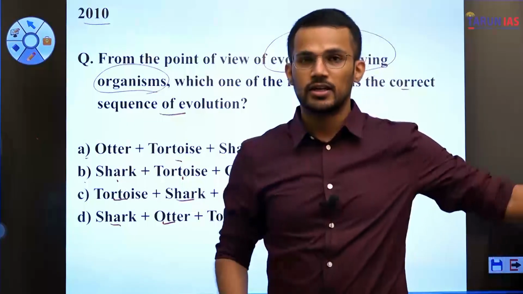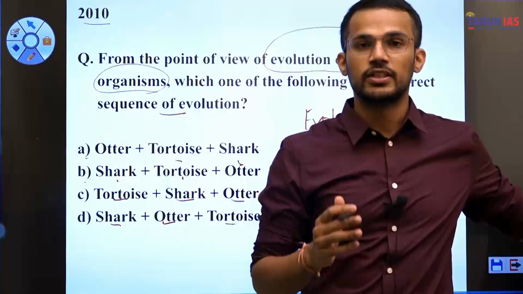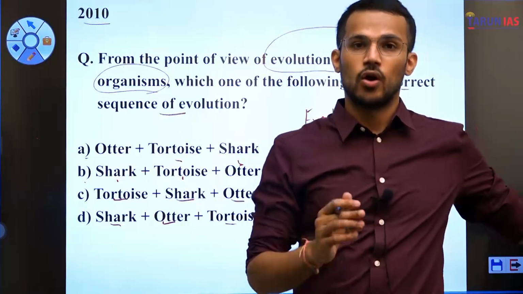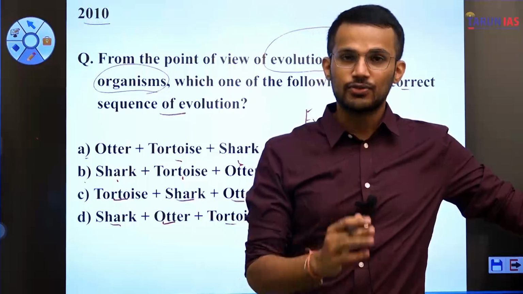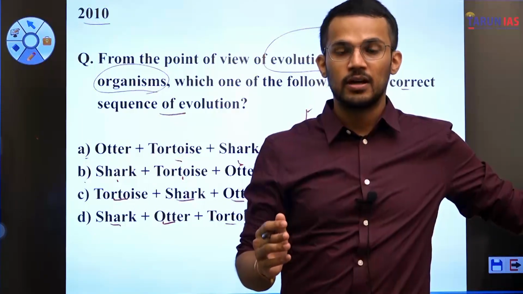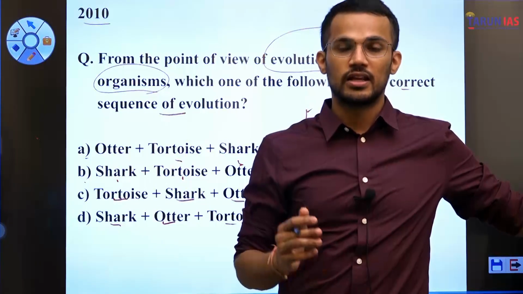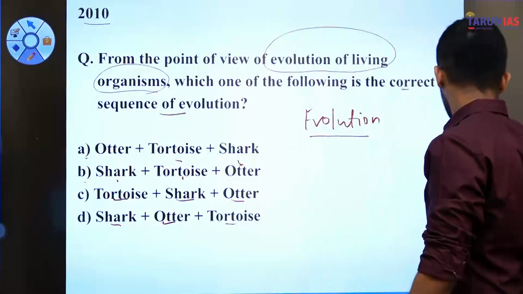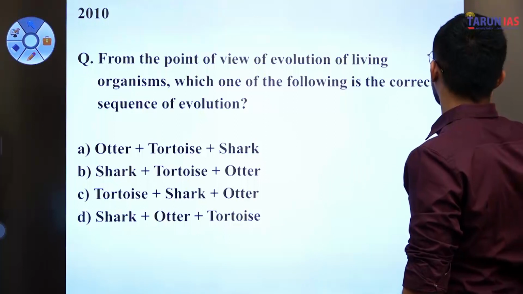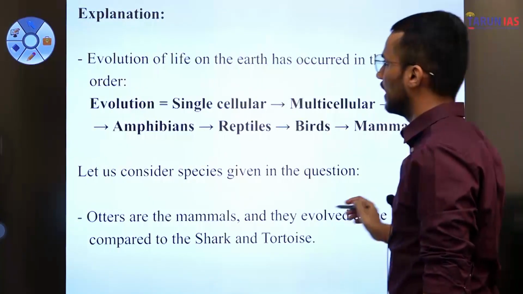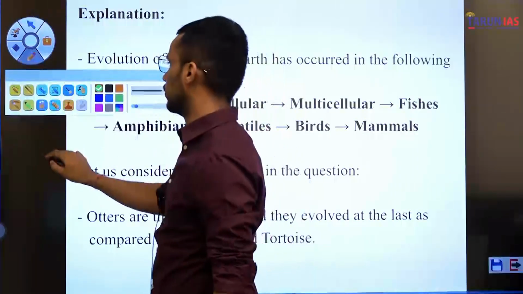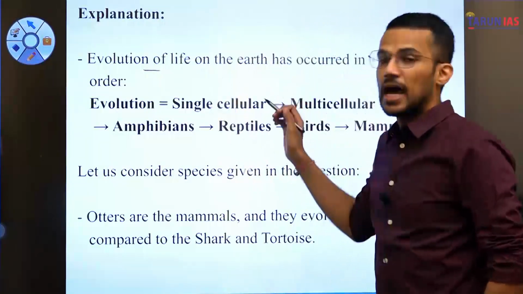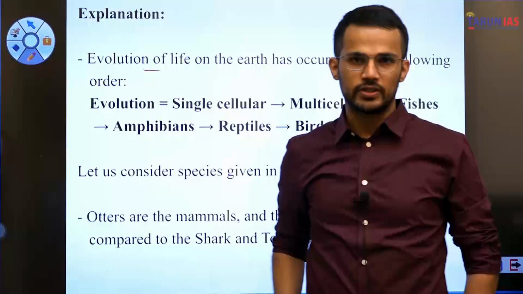And we know that evolution of life on the Earth's surface started with single cell organisms. After single cell organisms, multicell organisms evolved. And under multicellular organisms, there are different types of organisms that have formed a sequence of evolution. So evolution of life on the earth has followed a particular sequence.